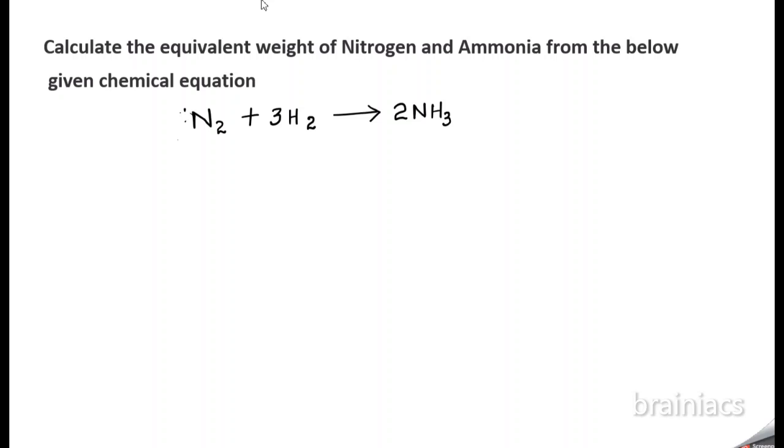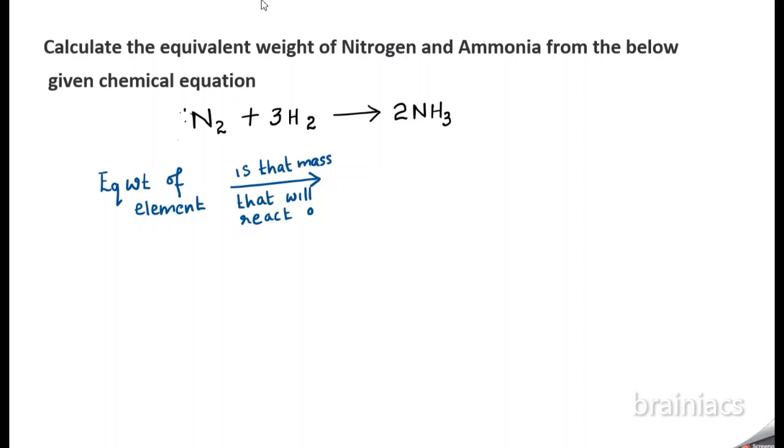So we will say equivalent weight of a substance. What is basically the equivalent weight of an element? I can write it like this: equivalent weight of an element is that mass that will react, or I can say displace.